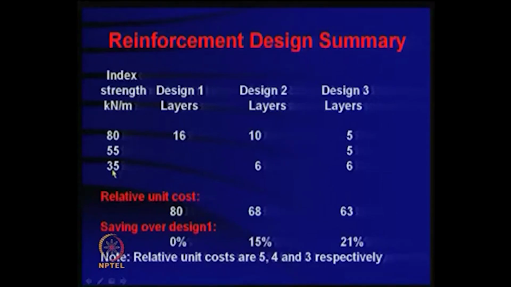Or some units, like it could be $10, $8, $6 or whatever. So in design 1 you have 16 layers, and the relative cost is 80, because 16 into 5 is 80.